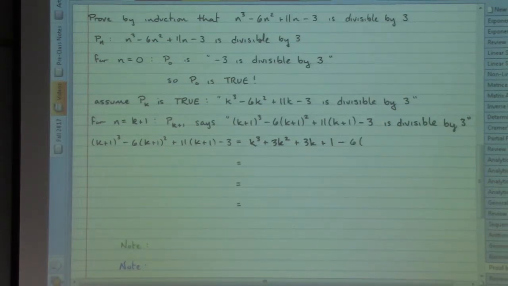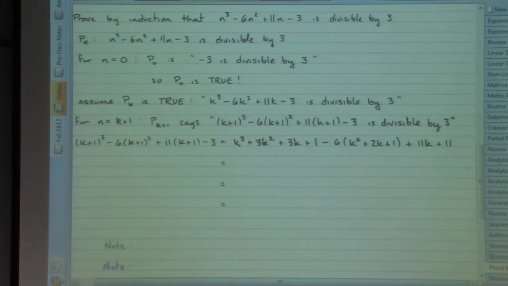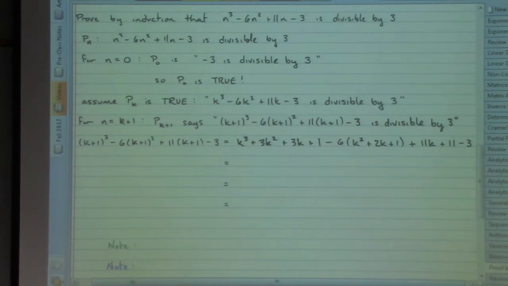If we expand the k plus 1 squared, we've got the minus 6 out in front of that. So k squared plus 2k plus 1. Plus, we can go ahead and distribute the 11k plus 11, and then the minus 3 at the very end there.